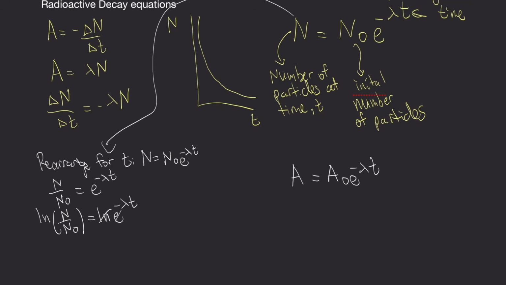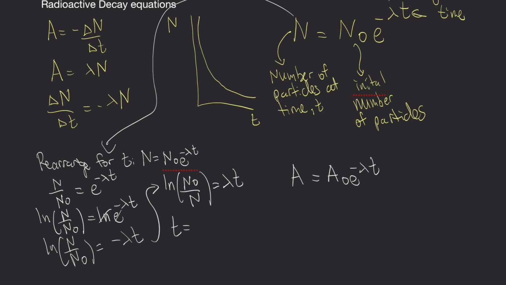So essentially we can go ln of N over N naught is equal to minus lambda t. The negative sign actually flips the fraction, giving us ln of N naught over N is equal to lambda multiplied by t. Finally, we can say that the time t will be given by ln of N naught over N divided by the decay constant lambda.